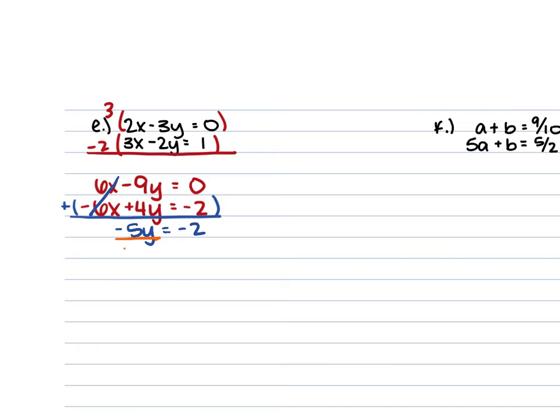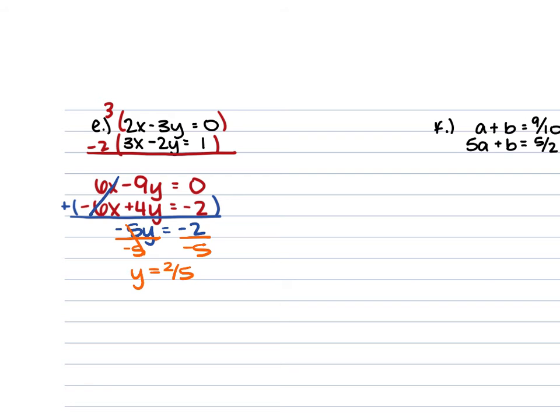From here, we can divide each side by this negative 5, and we get that y is equal to 2/5. From here, I'm going to substitute this into one of my original equations. So I can either do it with 2x minus 3y is equal to 0, or the 3x minus 2y is equal to 1.